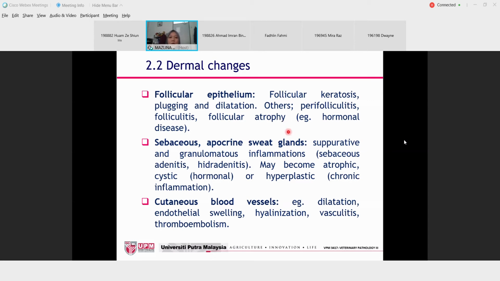Other structures in the dermis, definitely you can see all the glands, the sebaceous and the sweat glands, right? So these also can be affected. You might see suppurative and granulomatous inflammation leading to sebaceous adenitis. So, inflammation of the sebaceous gland. Hidradenitis, can anyone guess?